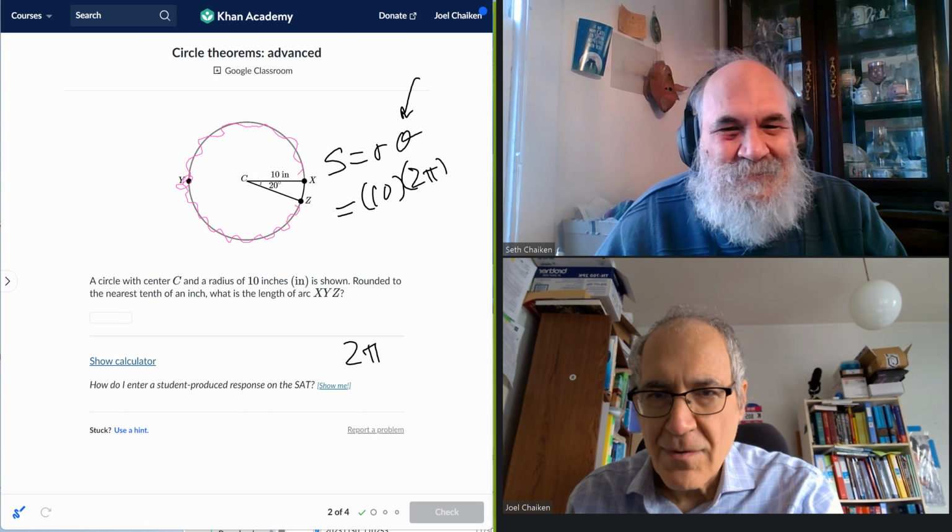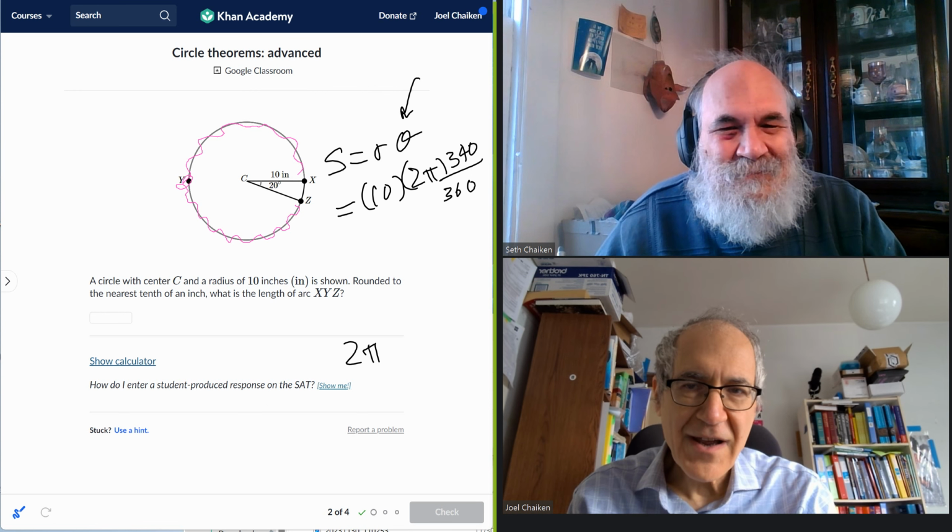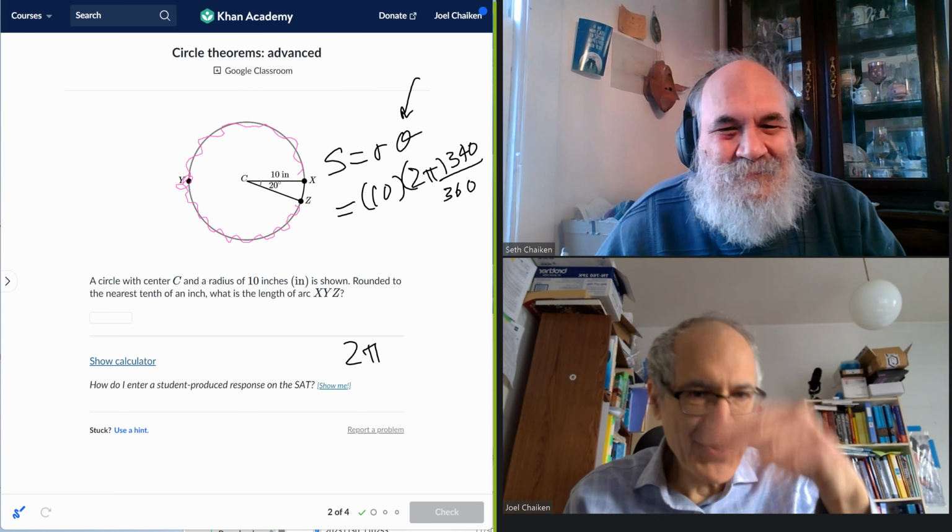But you have 340 out of 360ths of the circle, right? The whole circle is 360 degrees, so you have 20 less. So this is 340 over 360th of the circle. It's a proportion. You proportion out the 2 pi accordingly. If you have half a circle, it's 2 pi times a half.